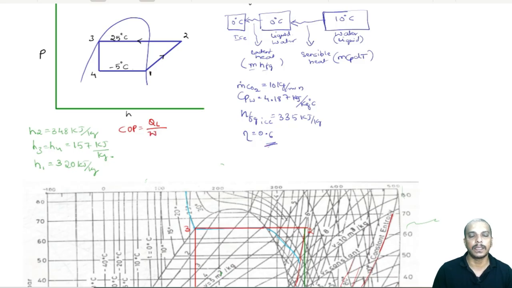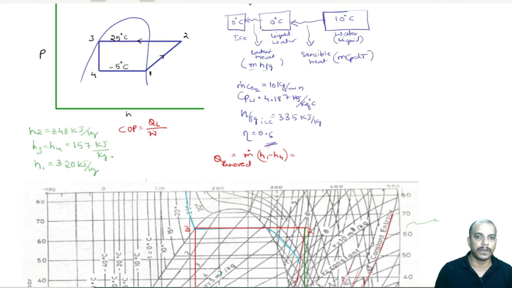But however, the efficiency is given as 0.6. Okay. So, first of all, we will find out QL. So, that is the heat removed. So, it is not actually removing the same amount of heat which we will get from here. So, that will be H1 minus H4. Okay. So, since mass of refrigerant is also known, let us multiply this with mass flow rate of refrigerant.